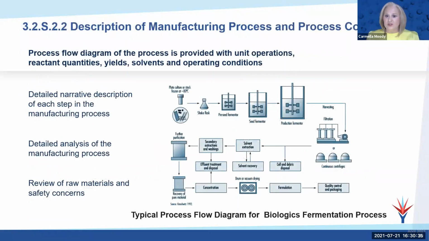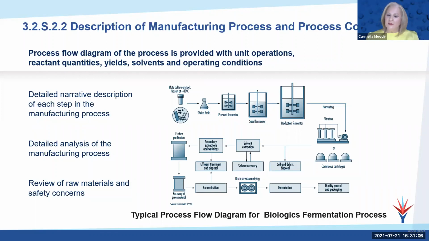Okay, so the description of the manufacturing process and the process controls. One of the main things that you're going to need, and I always ask for when I'm talking to sponsors and with programs, is that the FDA wants your manufacturing process in a flow chart. They want to be able to see the overall manufacturing process visually.